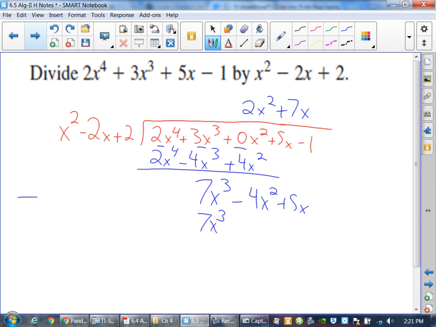Your objective, guys, each time is to eliminate that first term. That's how you know what the next value is. That's all it is. You just eliminate that first term by subtraction. Negative 14 and positive 14? Yeah.